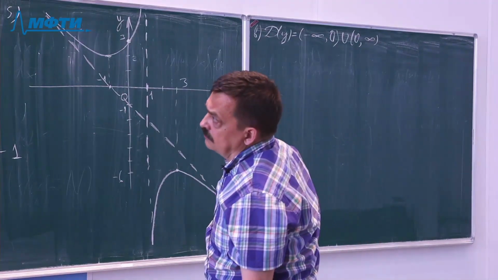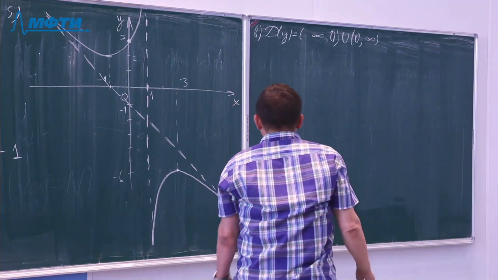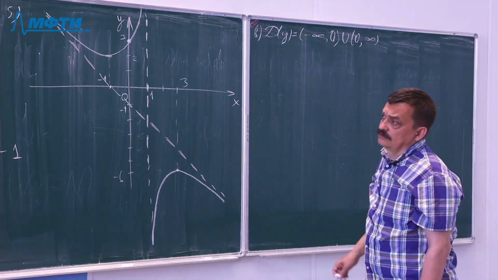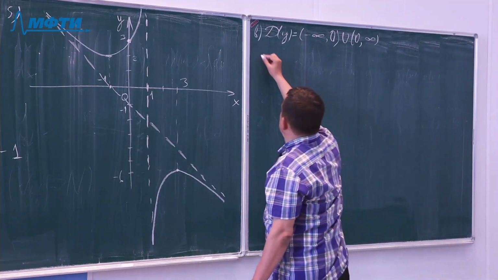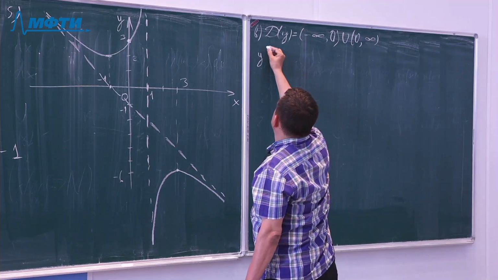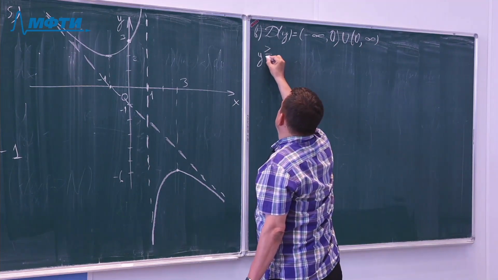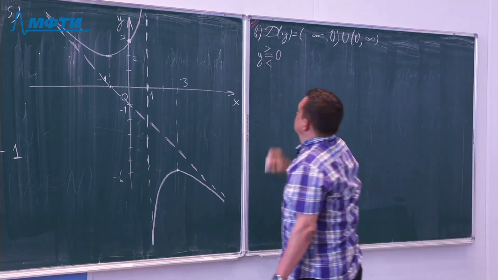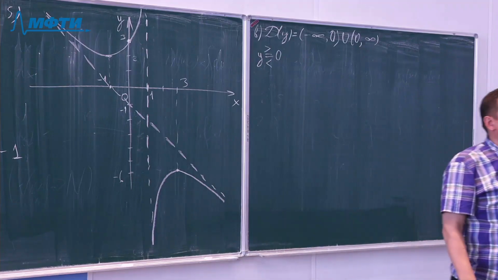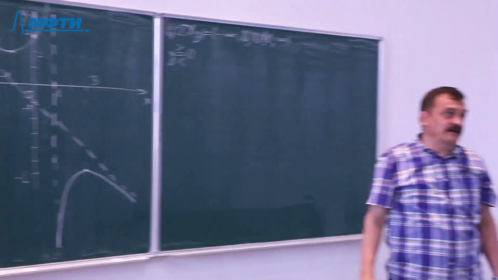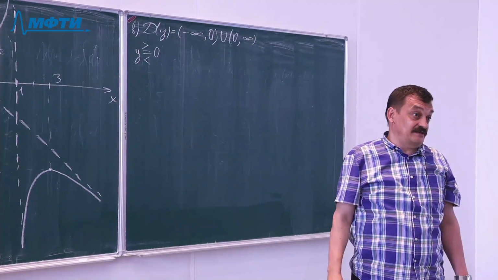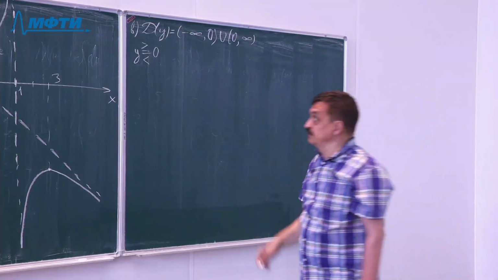Now we can determine the signs of our function. Let me write it like that. I want to determine when our function is greater than, equal to, or less than 0, right? So let's proceed like that.